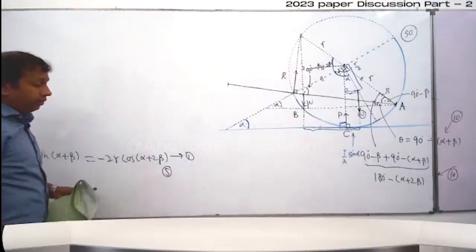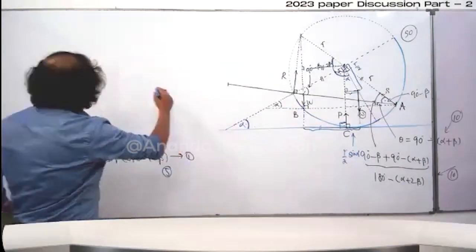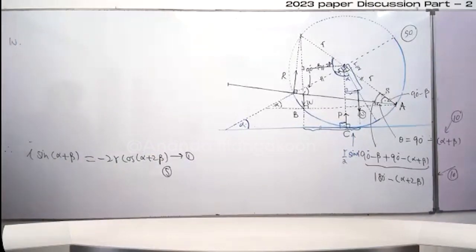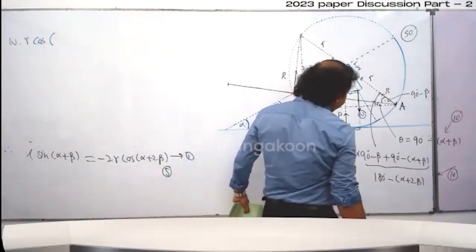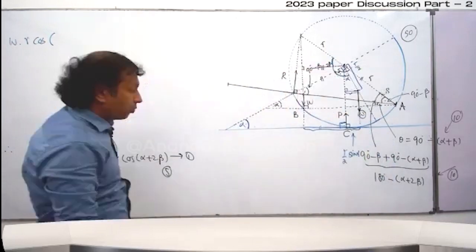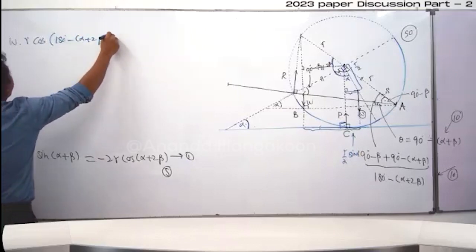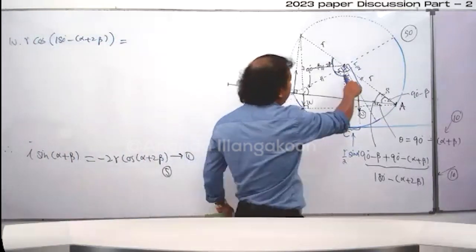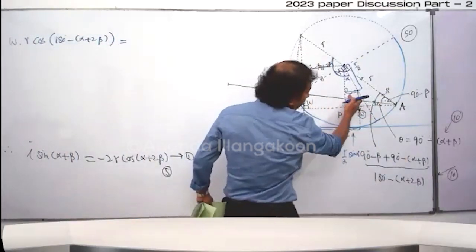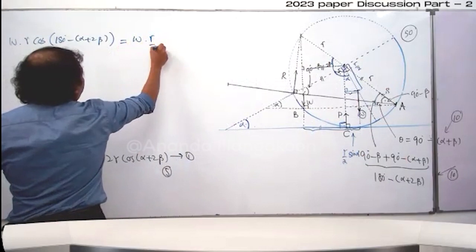So then we can write the moment like this. I first take the moment by this W times R cos of this angle. That angle is 180 minus (L plus 2 beta). That should be equal to the moment made by the weight of the hemisphere. It is W here. This length I told you is R by 2 sin alpha. W into R by 2 sin alpha.